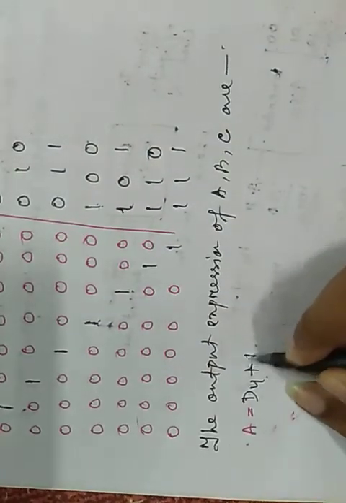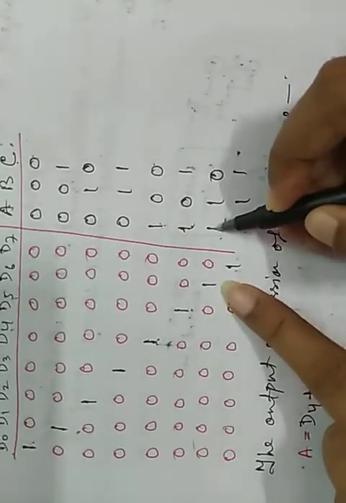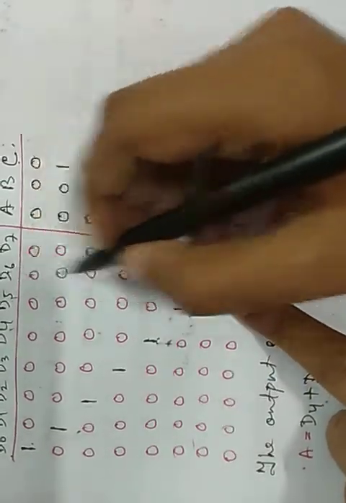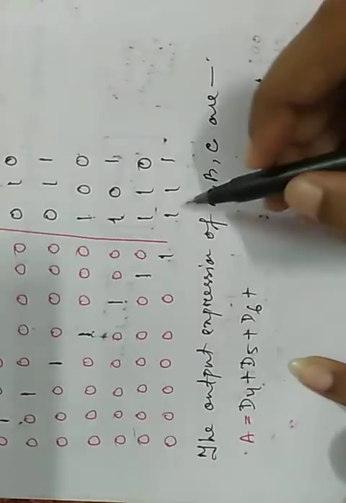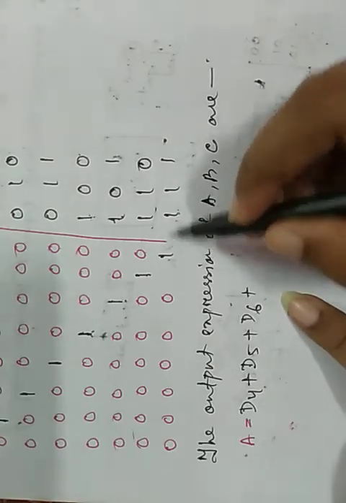So this is D5, plus this is 1 means D6 is 1, others are 0. So D6 plus, and last one is obviously D7. Okay, this is for A.